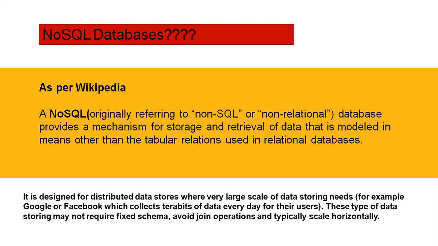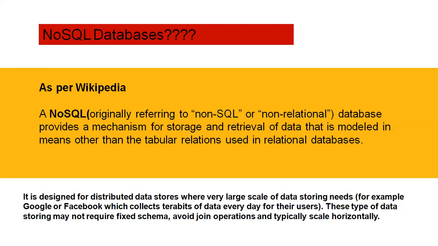For example, Google, Facebook, Twitter, and many more sites collect terabytes of data every day from their users. So these are not possible to manage with SQL databases. We have to switch to NoSQL databases. These types of data storing may not require a fixed schema. They avoid join operations because the data is not separated into tables.